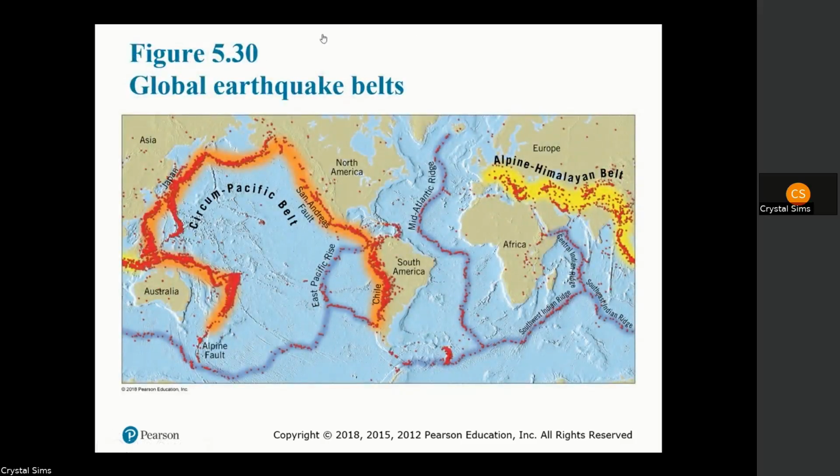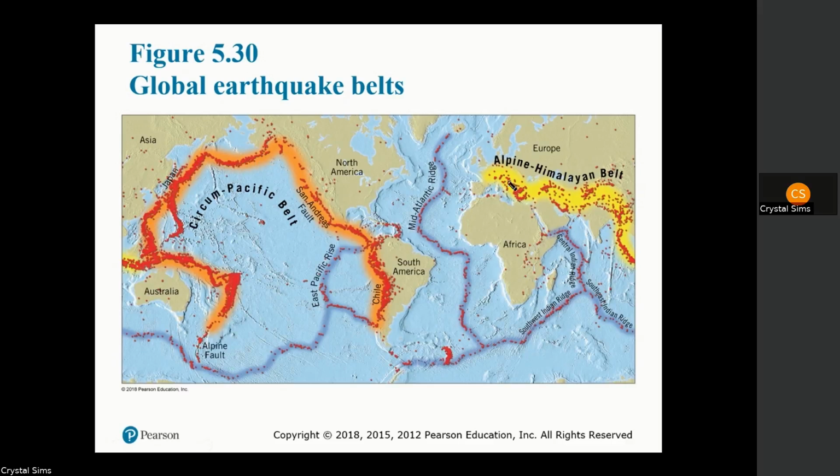The Circum-Pacific Belt, as you can see, goes around the Pacific Plate and its boundaries with other plates. Sometimes we call this the Ring of Fire, because not only do we see a lot of earthquakes occurring here, we also see a lot of volcanoes.